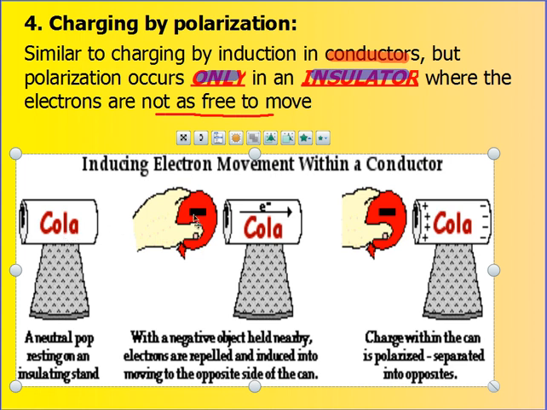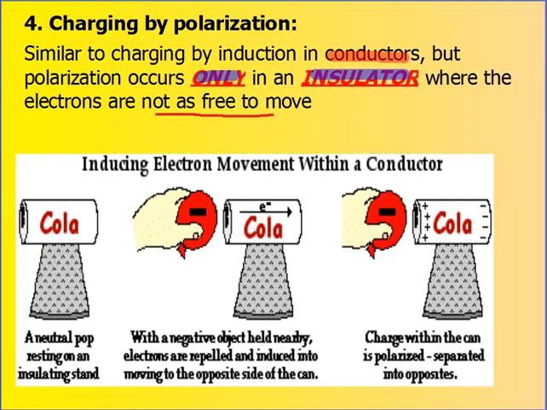If you bring a negative charge close, it pushes the electrons away, and this side right here becomes positively charged. So the can itself is polarized. Polarized just means one side tends to be more positive, one side tends to be more negative. But the can itself is still neutral. The net charge is still 0.